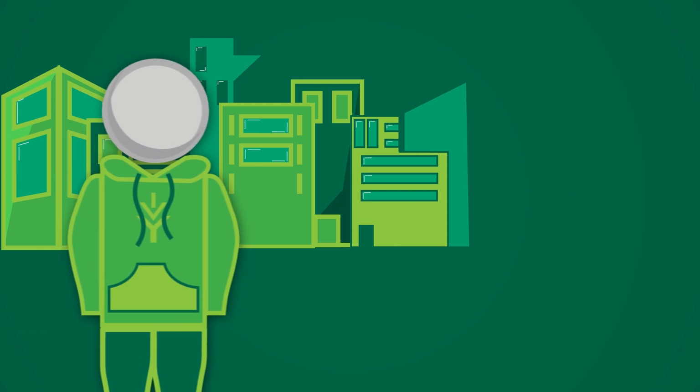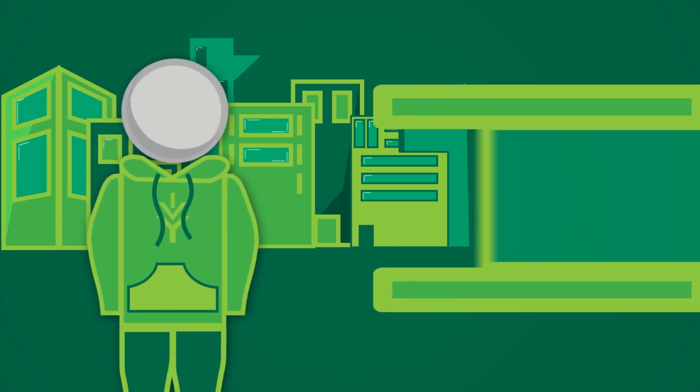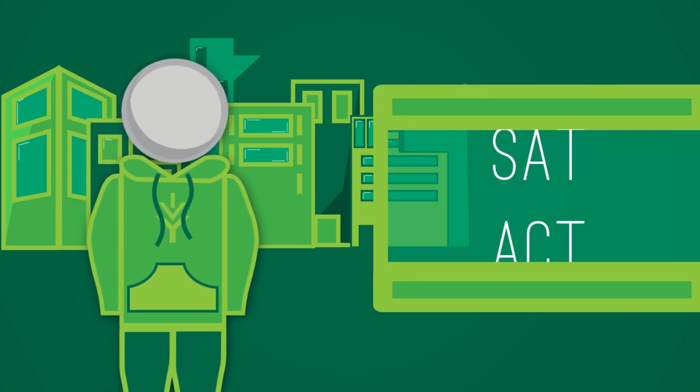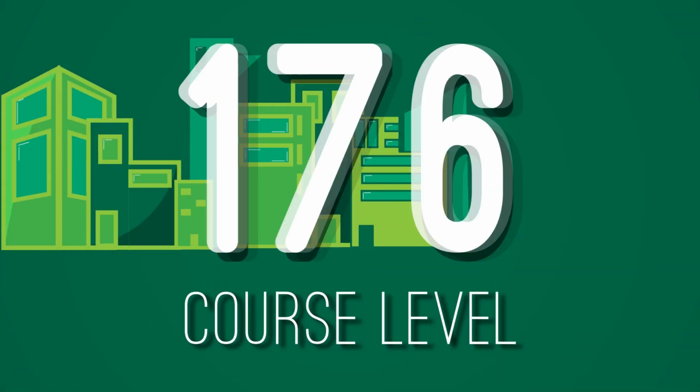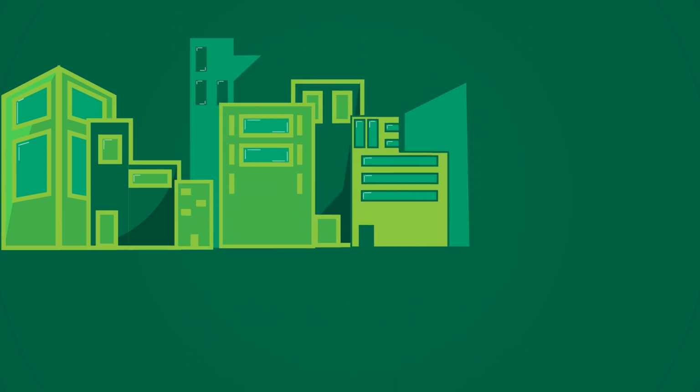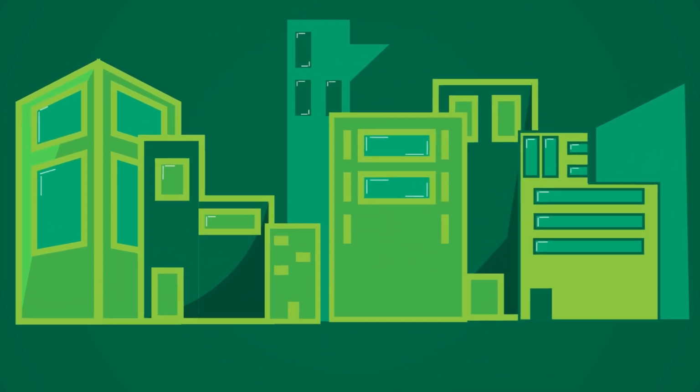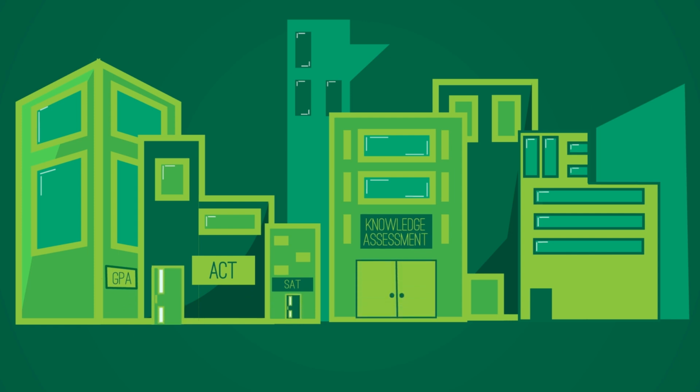There are several ways that you can demonstrate that you are ready to take program-level courses. And by that we mean courses that are 100 level and above. Following are the placement methods that will enable you to take the math and English courses that you need to begin classes in your major or program.